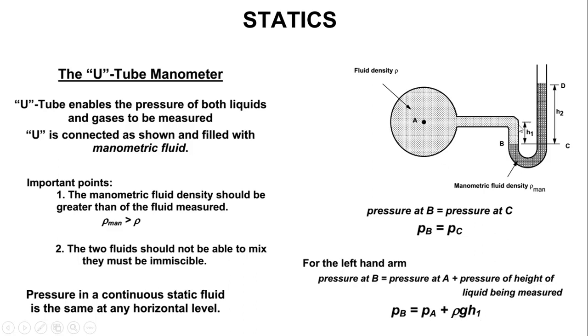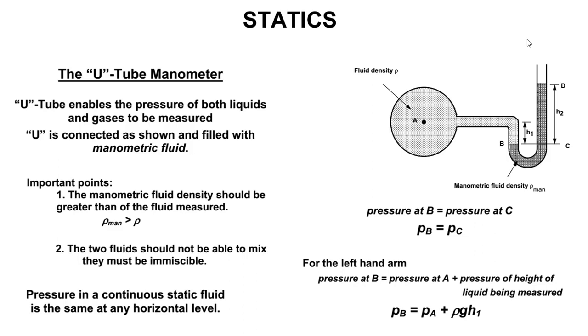This pressure due to the column h1 is gauge pressure, which is rho g h1. Then we do the same thing on the right hand side, where the pressure at C is mainly due to the column h2. Someone might ask: this one is open, so why are we not putting atmospheric pressure? We say that atmospheric pressure is our datum, equal to 0.